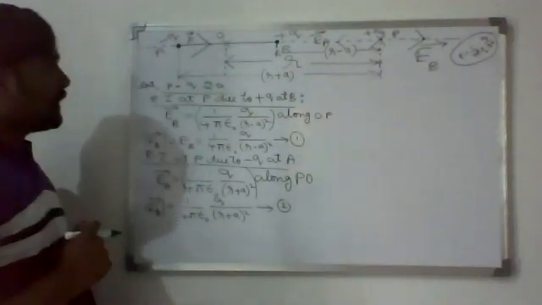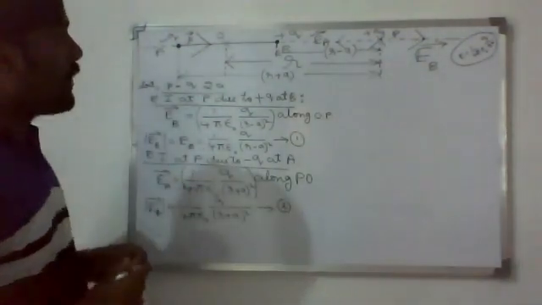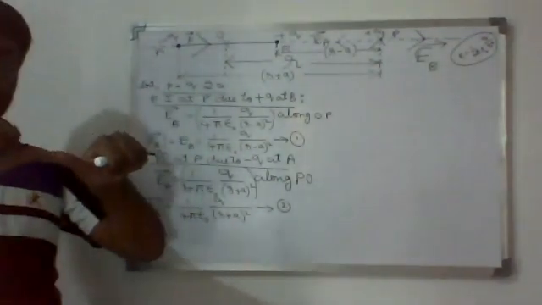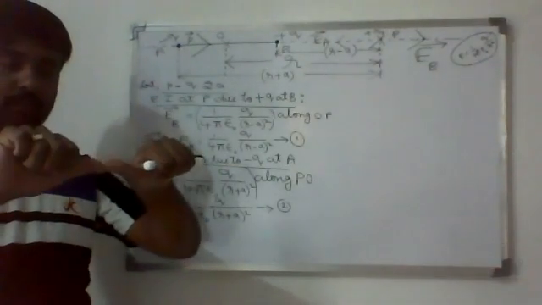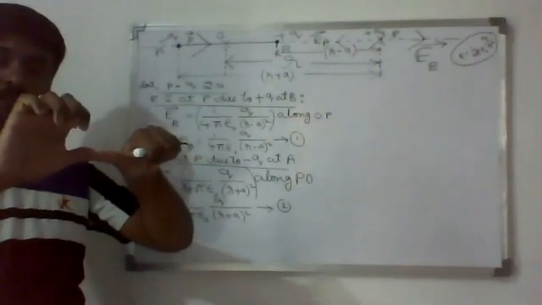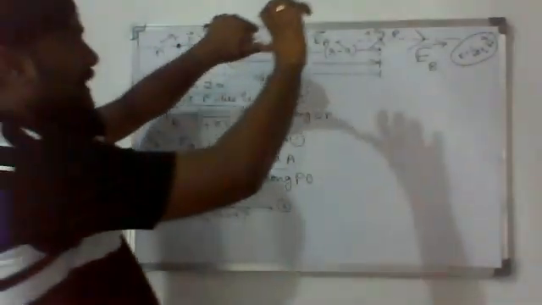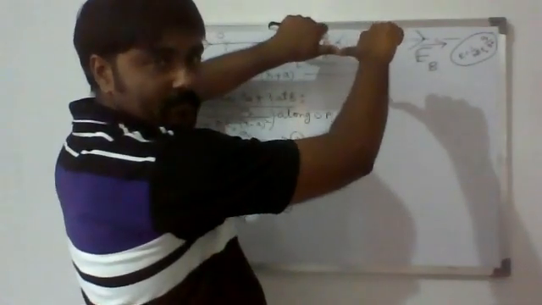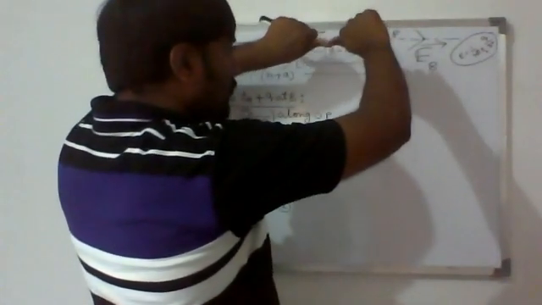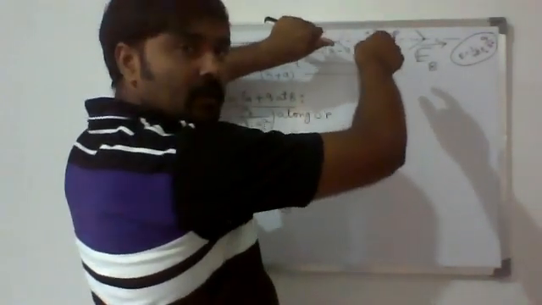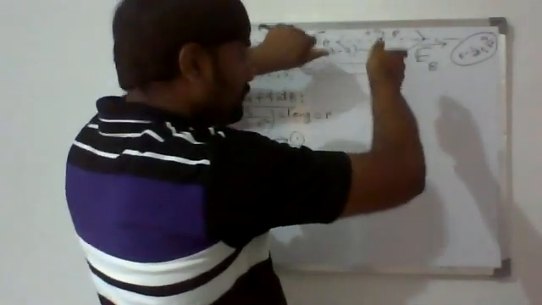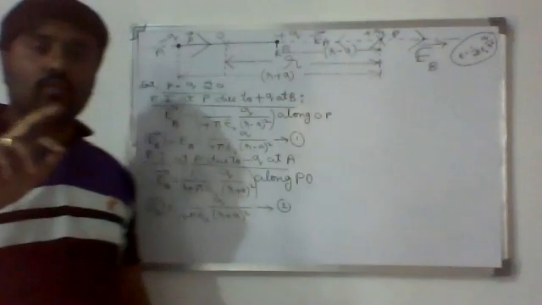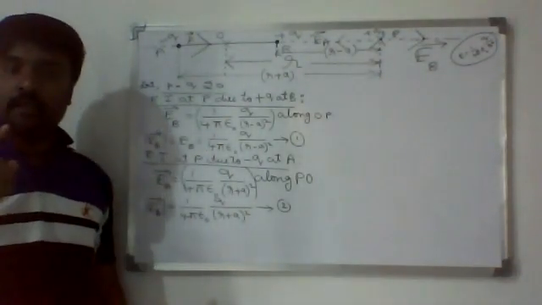Two vectors are acting at the same point but in opposite directions. The magnitude of E_B is much stronger than the magnitude of E_A. What is the angle between them? 180 degrees. So the magnitude of the resultant can be calculated using the formula R equals root of P square plus Q square plus 2PQ cos theta.